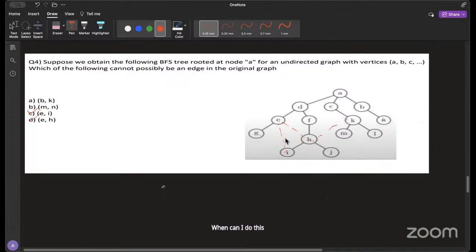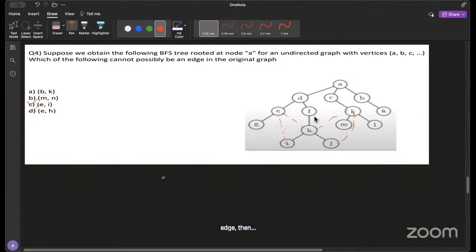Where can I do this thing? We've done it on this one. Let's do it this way, F and I. If K and J you do, F and I cannot have an edge obviously, because otherwise you would write I here on the same level as H. And then if you look at K and J, now if K and J had an edge, then HK also can't have an edge because H will get visited before K. HK can have an edge, right?